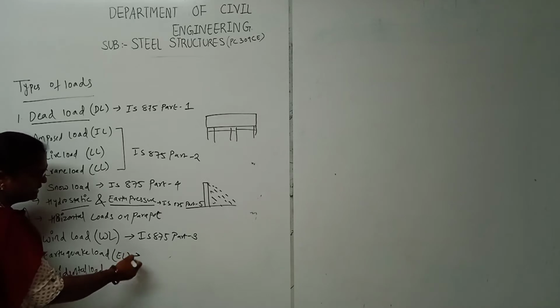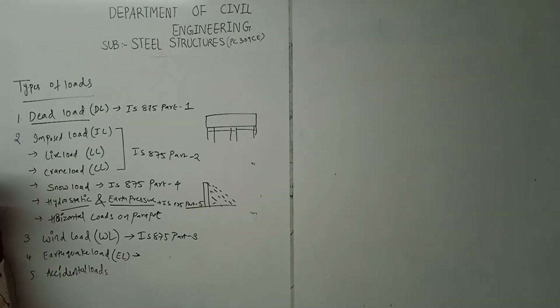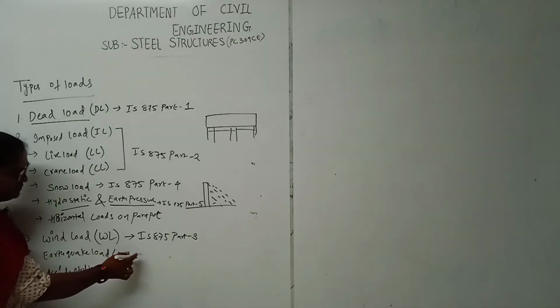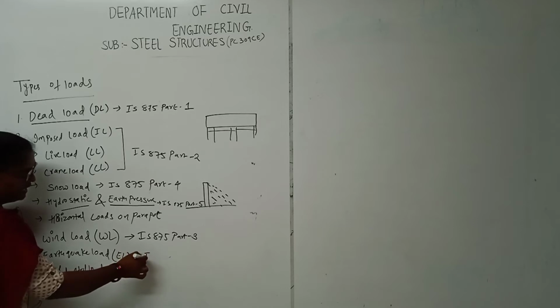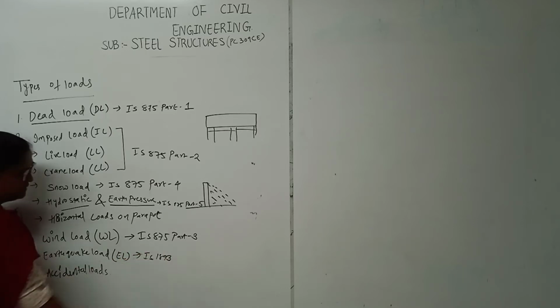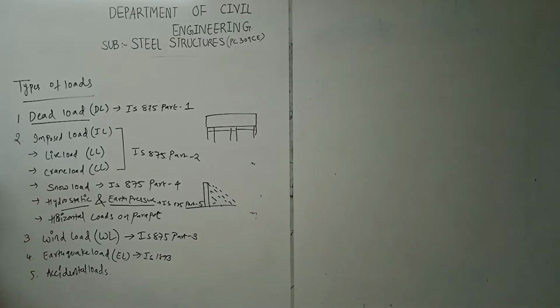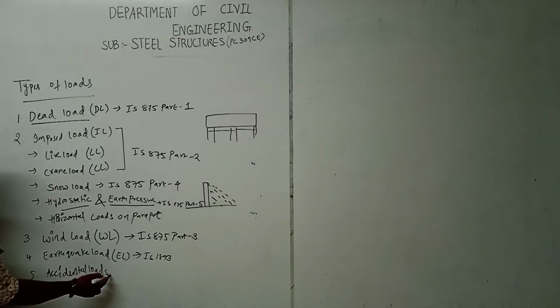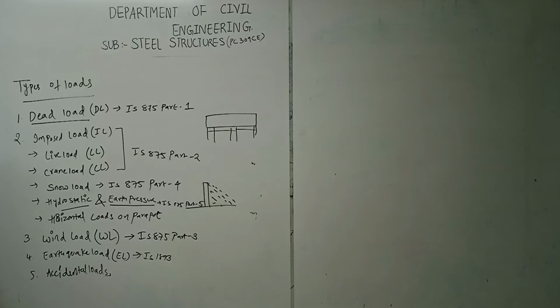These criteria you can find in IS 1893. And next one is the accidental loads, that are sudden loads which apply.